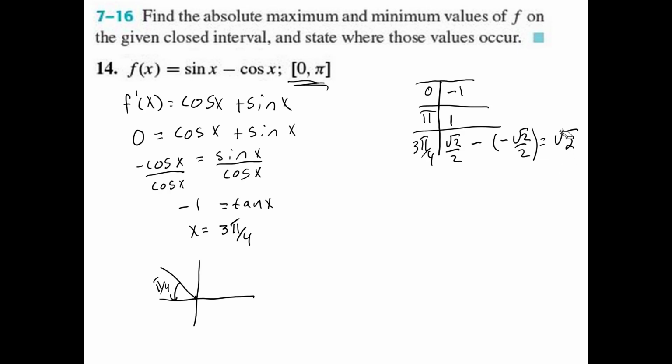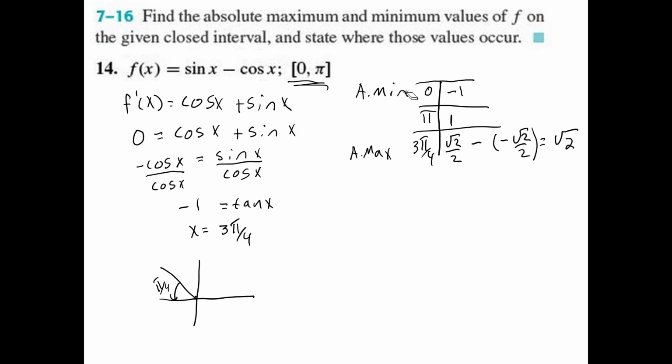Okay, so you can see that this is your absolute max, and this is your absolute min. Again, take a quick look at the graph, just to make sure that what we're saying matches up. We want the sine of x minus the cosine of x.